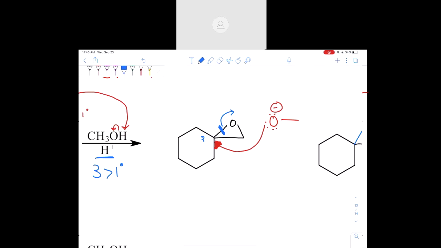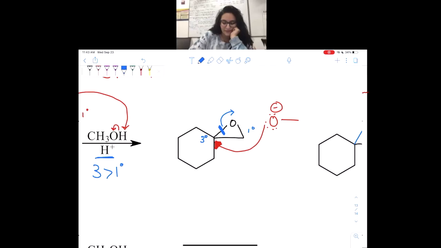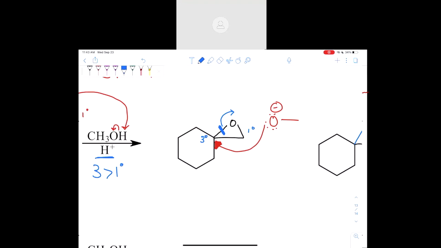Kind of. Why wouldn't the ring open? Like the cyclohexane ring? Yeah. Because we're not going to break any carbon-carbon bonds. We're only going to deal with the oxygen. And since that carbon on the cyclohexane is going to start with 4 bonds and end with 4 bonds, you're totally not going to touch it at all.